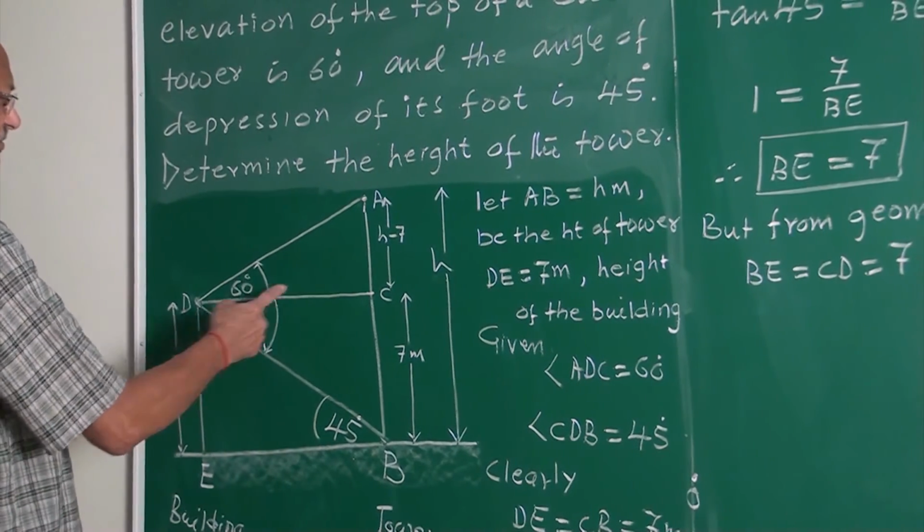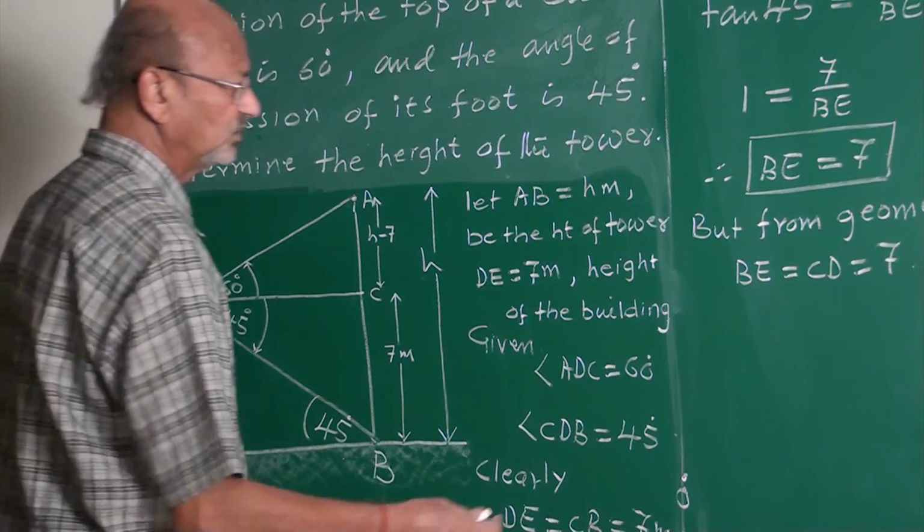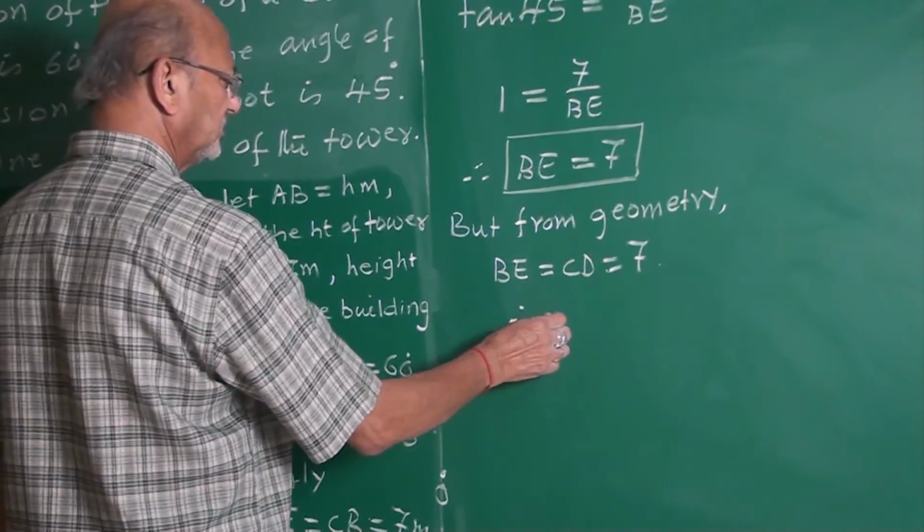BE equal to CD, and CD is 7. Therefore, CD is 7.